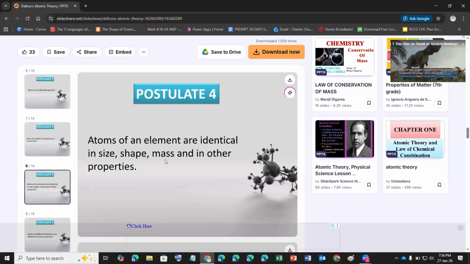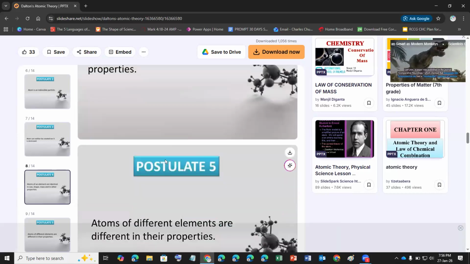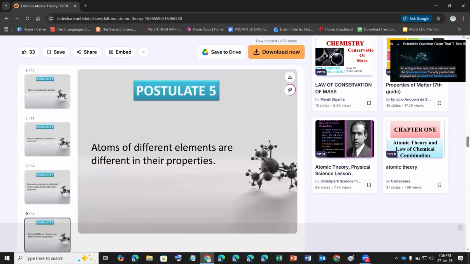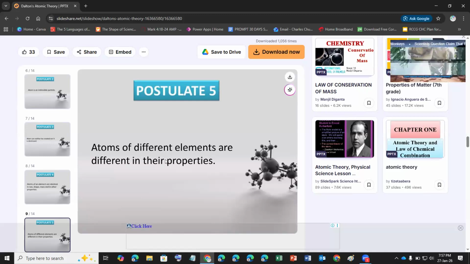Yeah. Okay, so how about this next one? This next one is like an implication of the previous one, that atoms of different elements are different in their properties. Yeah.